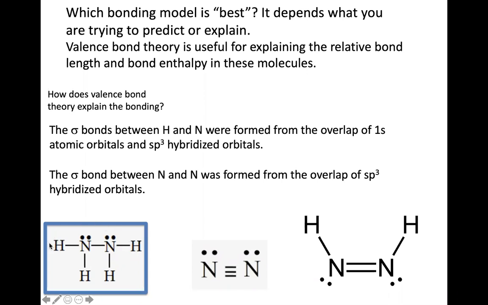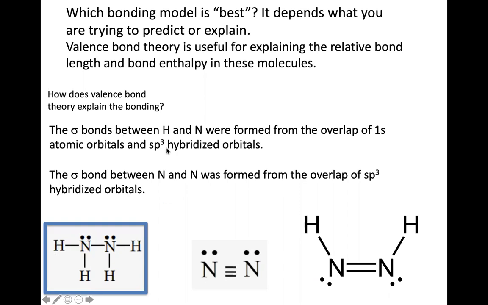So for this first one right here, I think I have sigma bonds between the hydrogen and nitrogen, and sigma bonds between the nitrogen and the nitrogen. Those were single bonds. The sigma bonds between the hydrogen and nitrogen were formed from overlapping the 1s atomic orbital on the hydrogen and the sp3 hybridized orbital on the nitrogen.